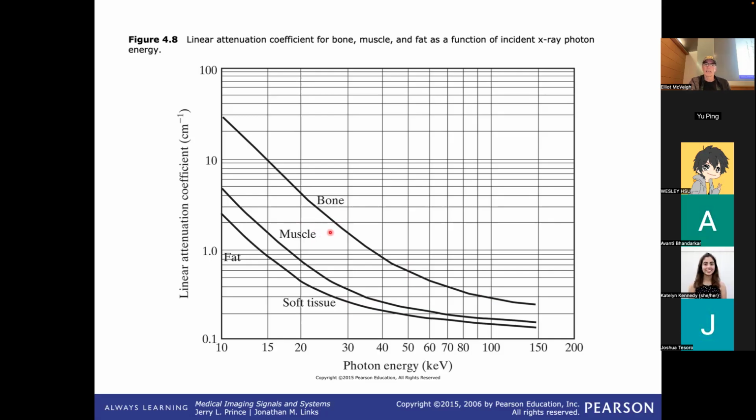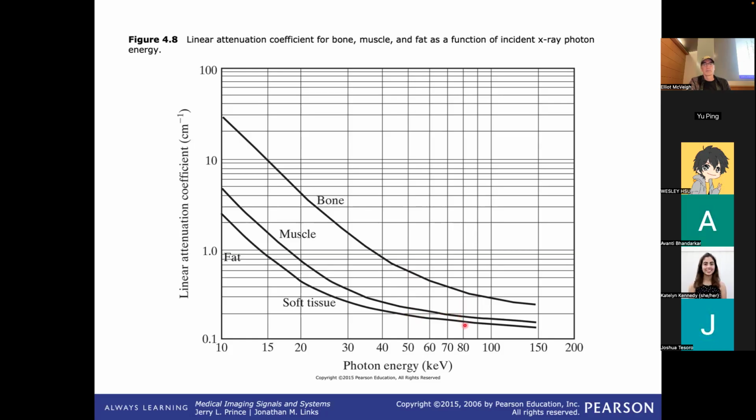So contrast between bone and muscle and fat are slightly different here at 50 keV than they are over here at 80.